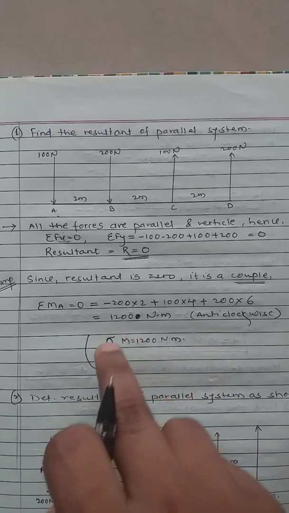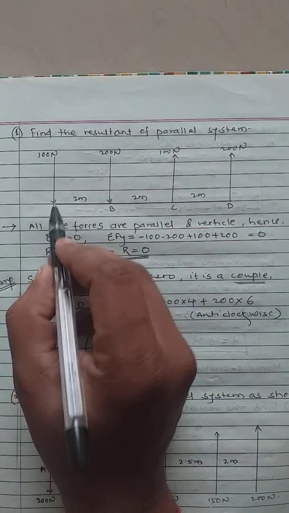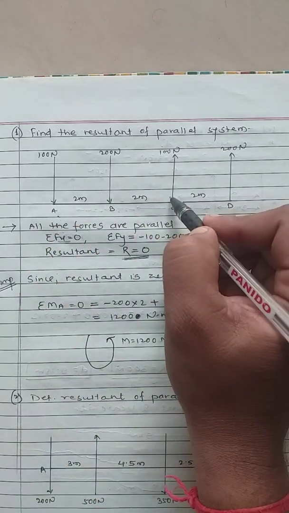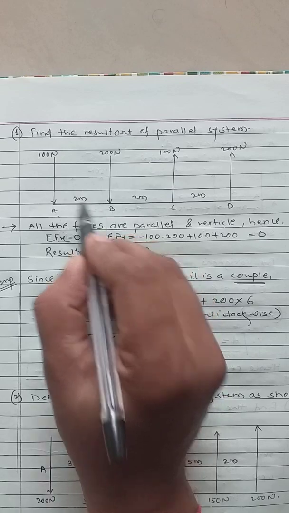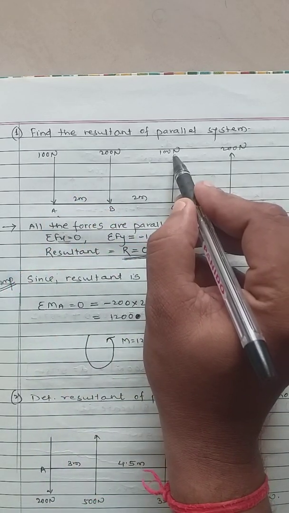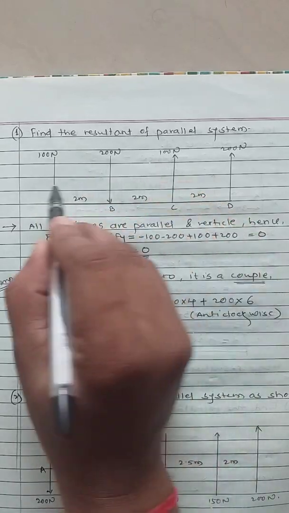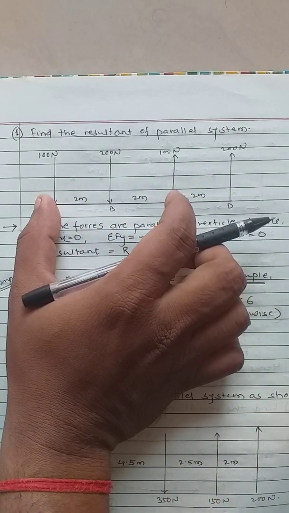Couple means what? Two forces. Here you can see 100 Newton, 100 Newton. The distance between them is 2 plus 2, 4 meter. 100 Newton in the downward direction, 100 in the upward direction, opposite to each other. Magnitudes are the same, exactly parallel to each other, which means these 100 Newton forces will form a couple.